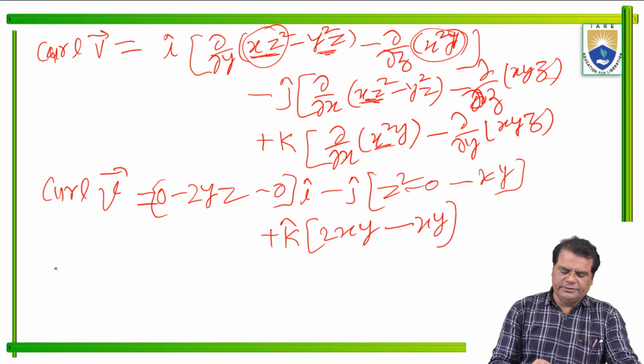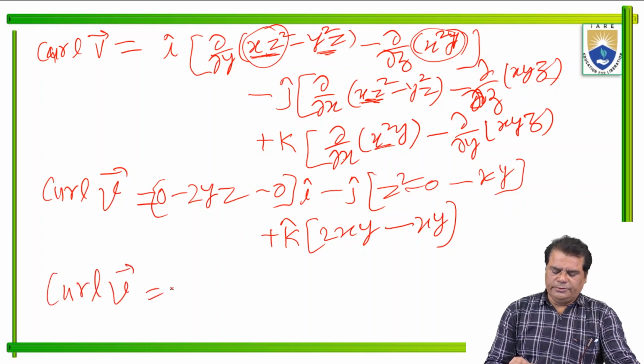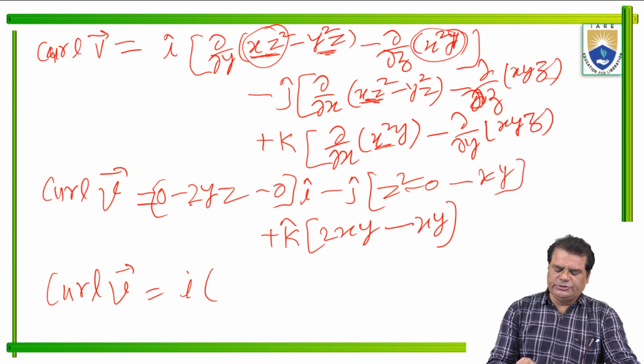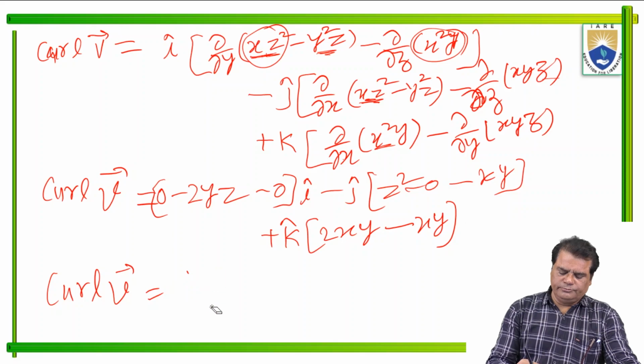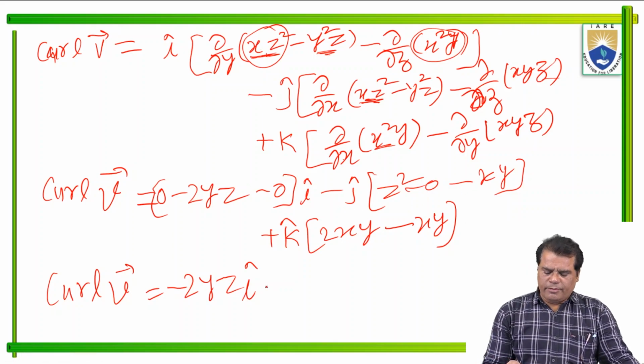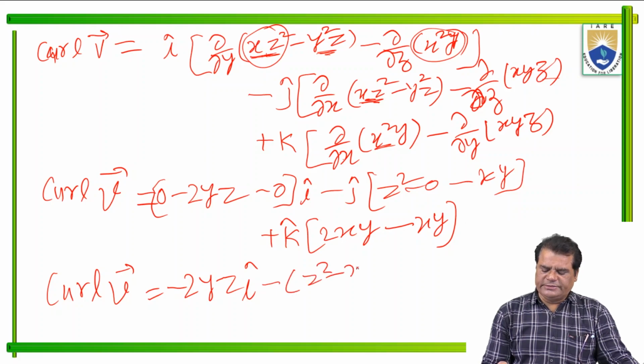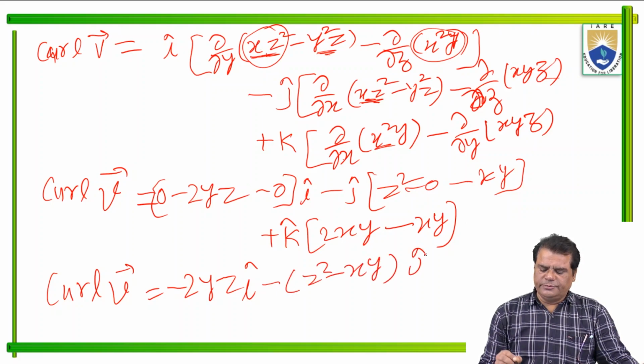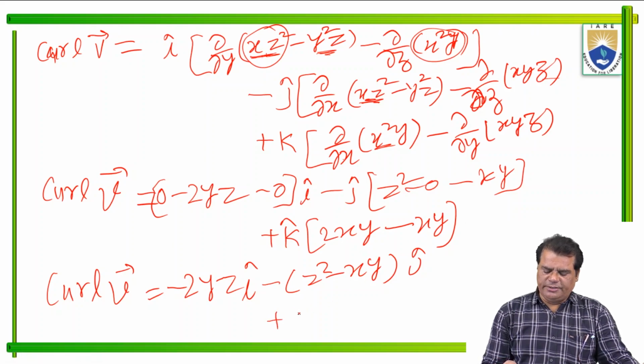So the final curl v is equal to i vector, minus 2yz minus 2yz, i, and second, j is minus z square minus xy j, and last is plus k, 2xy minus xy, so xy k.